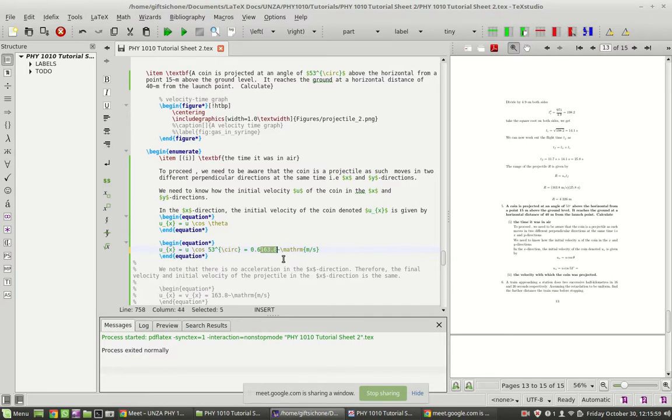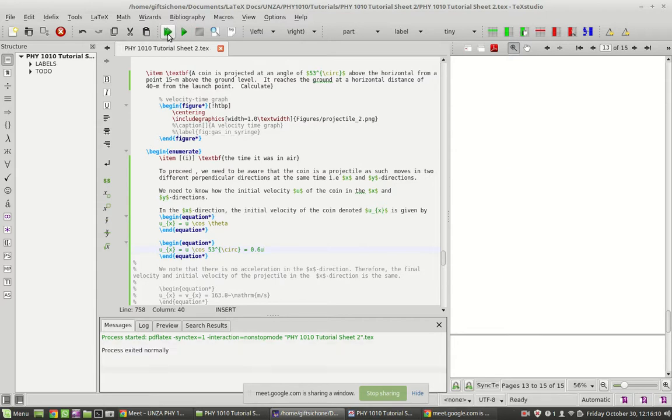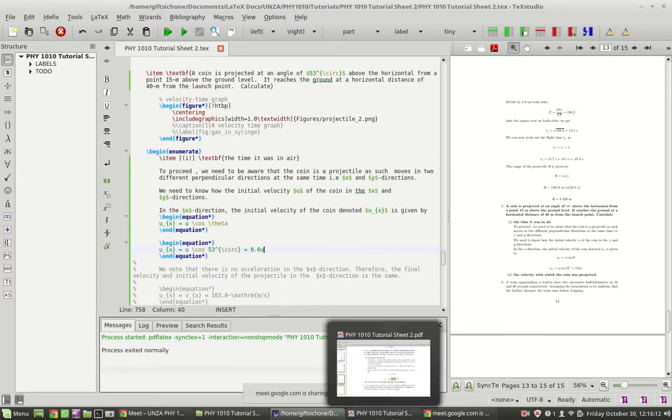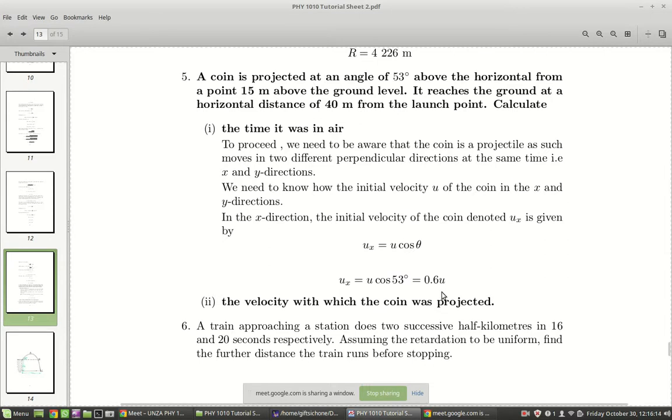Just 0.6? Okay, so that's 0.6. So we have 0.6u as our initial velocity in the x direction.